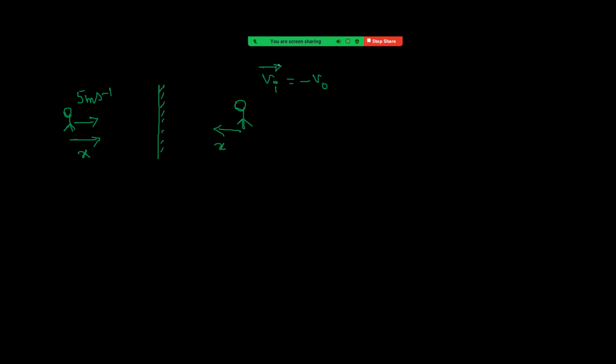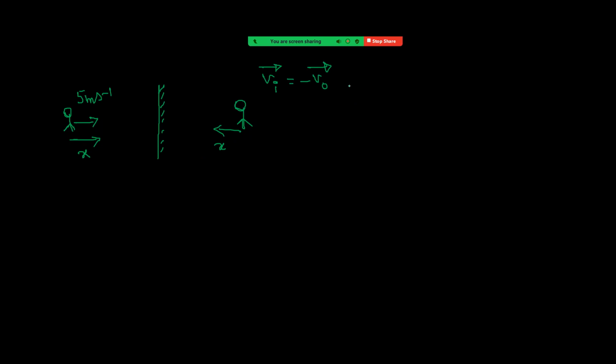So why negative? Because when he is approaching the mirror, the image is also approaching the mirror. That means their directions are opposite, but covering the same distance in the same time, that means having the same speed.